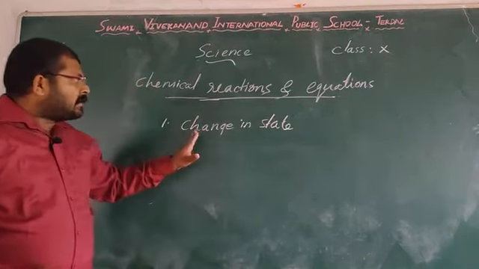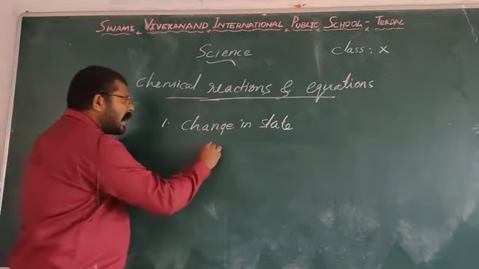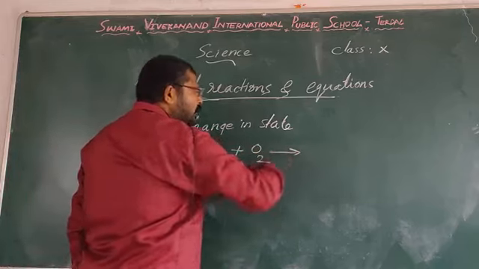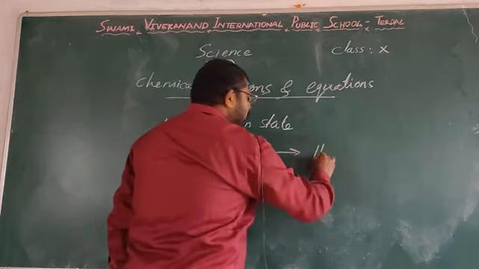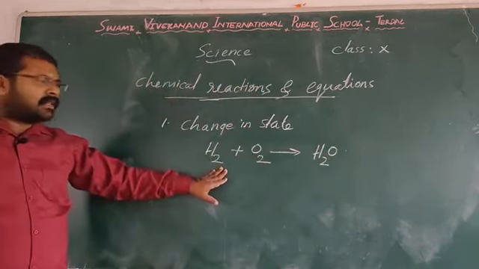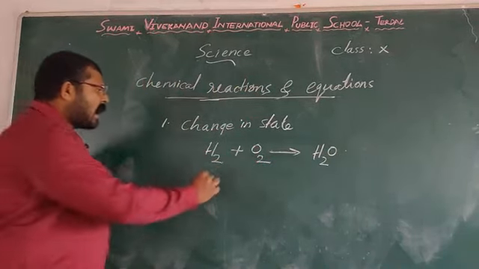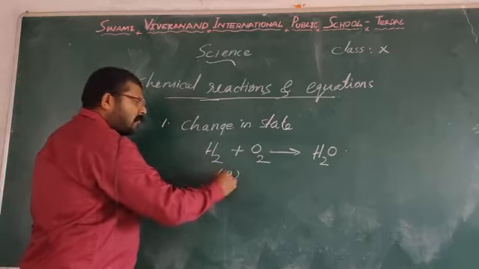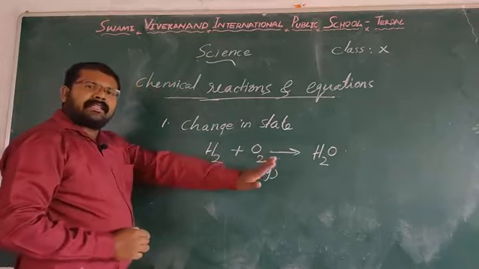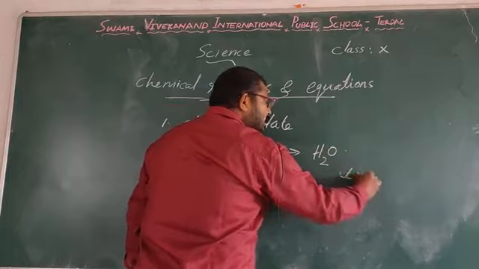So here, the first one is change in states. For example, hydrogen reacts with oxygen to form water. Here, hydrogen is in gaseous form, oxygen is also in gaseous form, and you get a new substance, which is in liquid state.